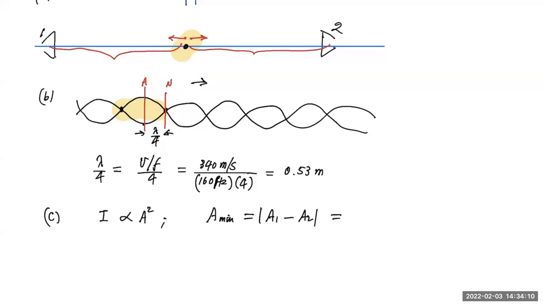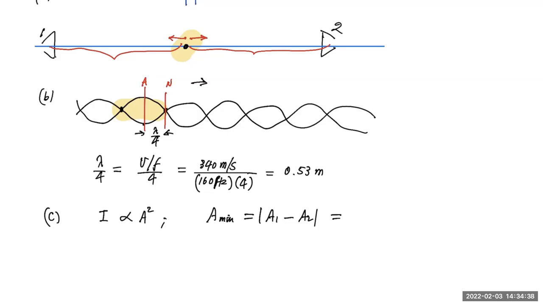They didn't tell you A1 and A2 directly, but what they're telling you is that, first of all, these are two plane waves, so you don't have to worry about the amplitude ever decaying as you move further and further away from the source. But they do tell you that one loudspeaker delivers twice as much acoustic power as the other.